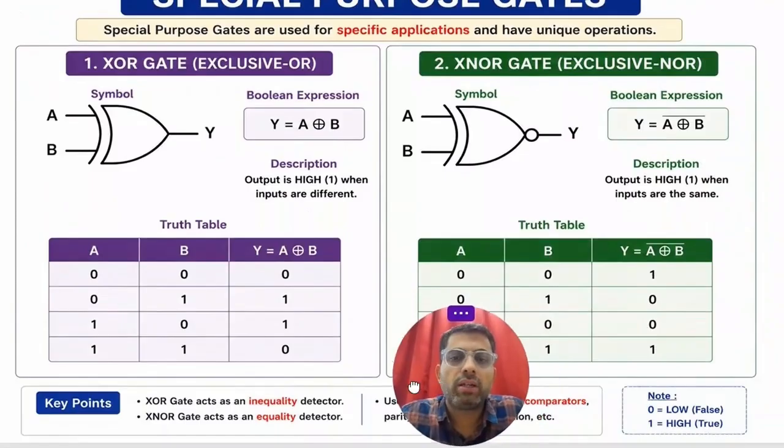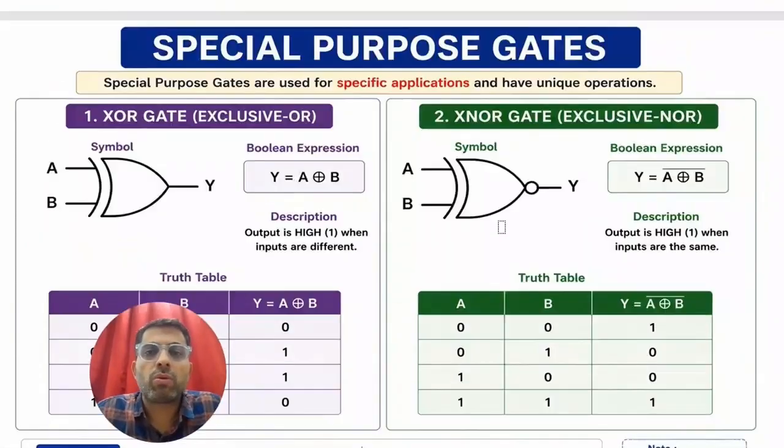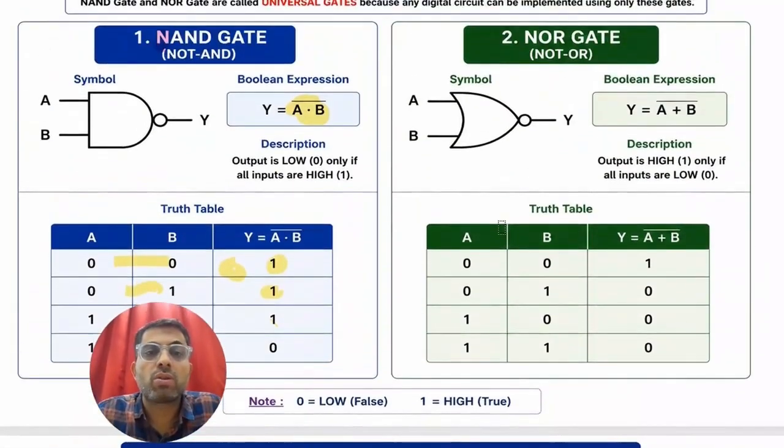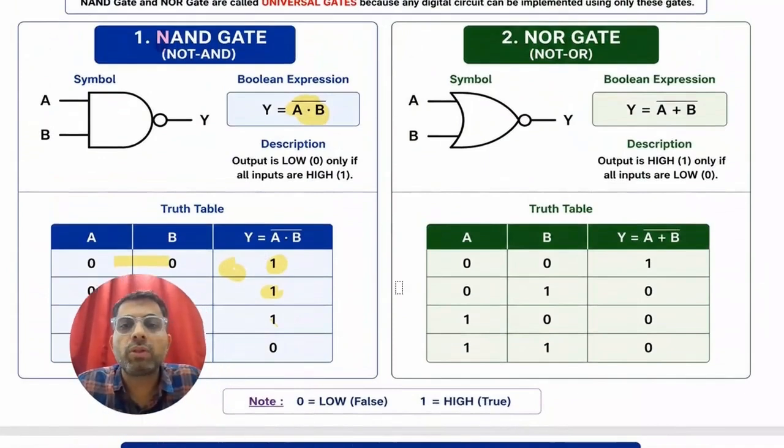Okay. Now what about this NOR gate? This is similar to the OR gate, only the bubble is added because of this N, that is NOT of OR. And what is the Boolean expression? A plus B, that is for OR, and this line, this is the equation for the NOR gate.